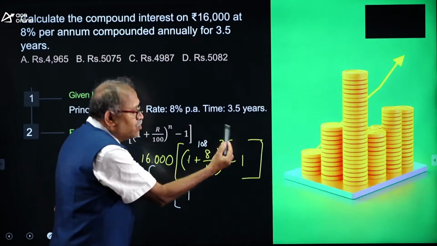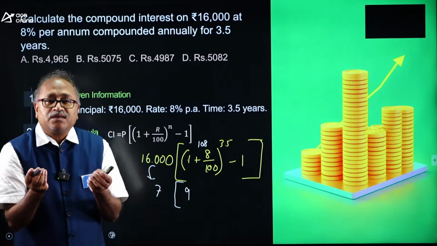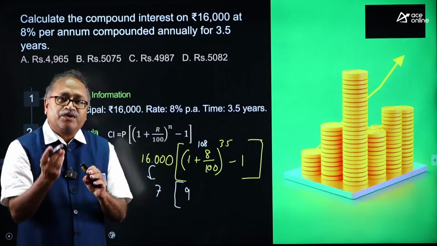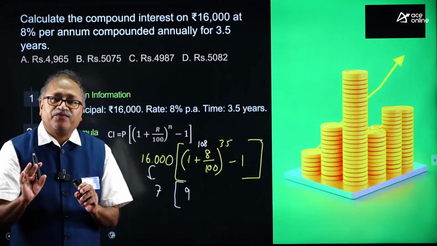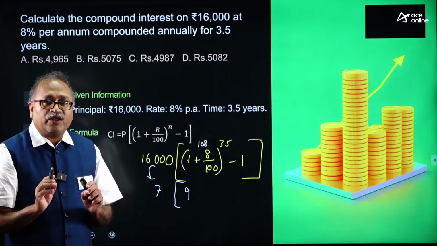And 9 to the whole power any number, you will ultimately get the digit sum as 9. 9 to the power 3.5, so finally you get the digit 9 only.